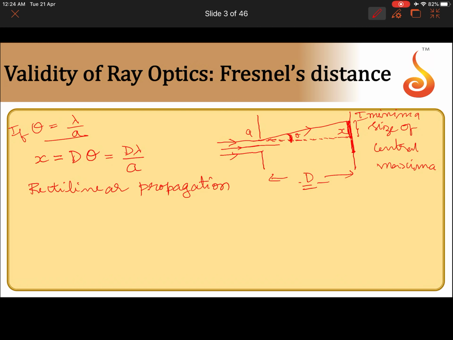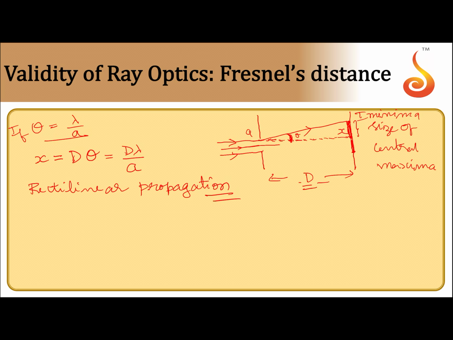That distance is defined as the distance of the screen from the slit at which the spreading of light due to diffraction becomes equal to the size of the slit.